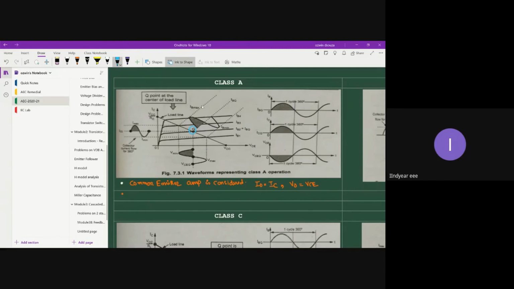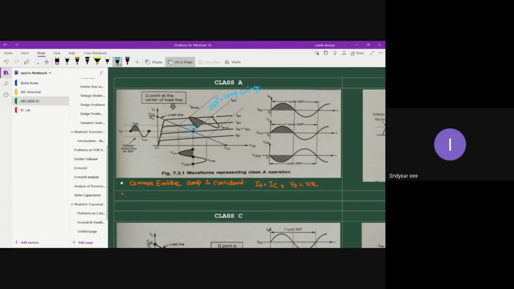Okay, so transistor is a current control device. That's the reason the input signal is considered as the current signal, which is nothing but the base signal. So base signal exists for complete 360-degree duration. So this is called as complete swing.